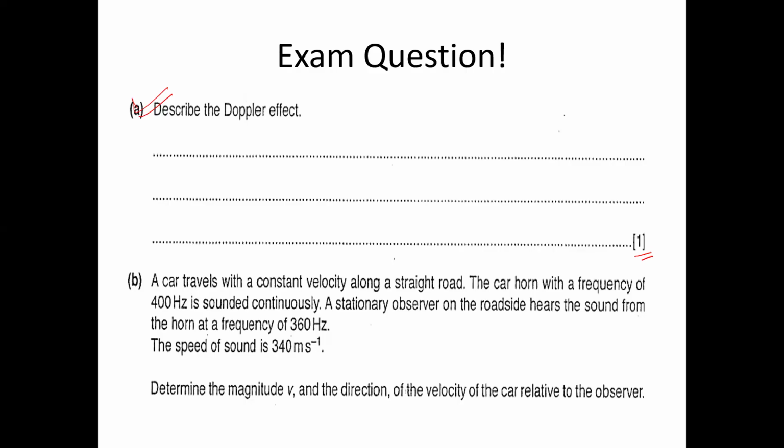The question says that a car travels with a constant velocity along a straight road. The car horn with a frequency of 400 hertz is sounded continuously. So what is the car horn frequency? We will call it Fs, which is 400 hertz. Then a stationary observer on the roadside hears the sound from the horn at a frequency of 360.